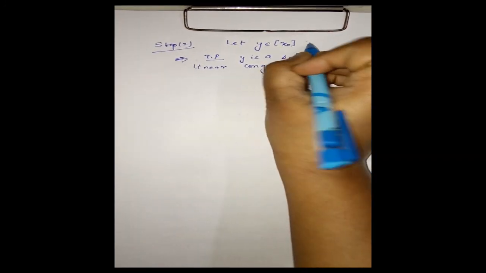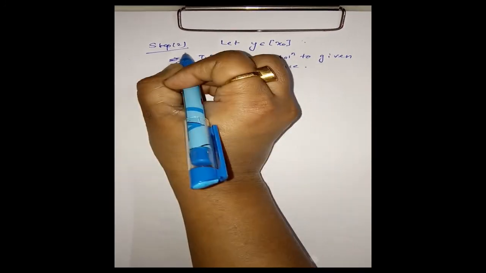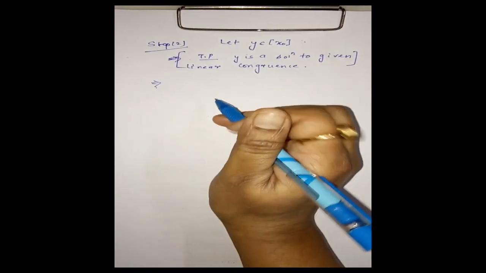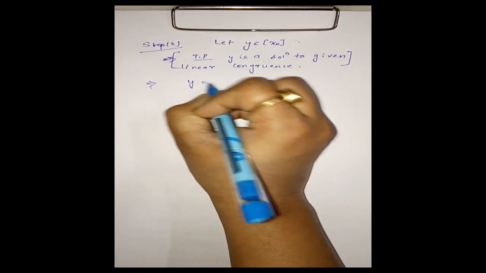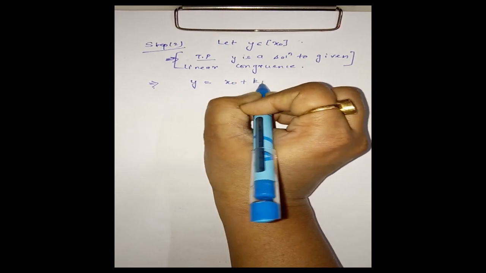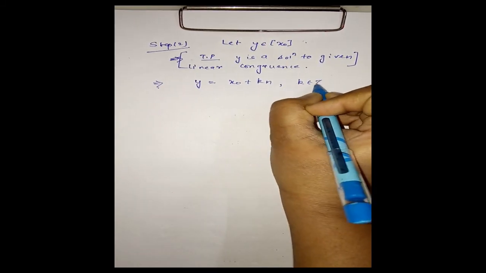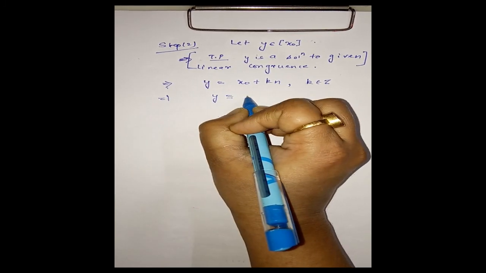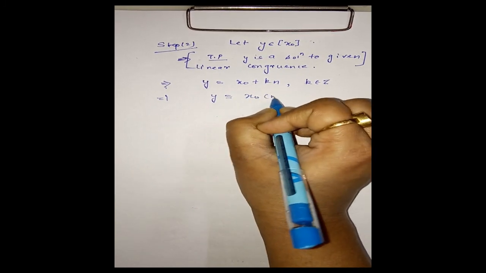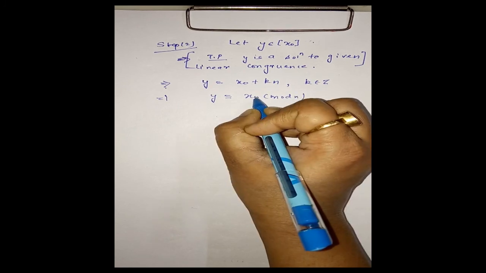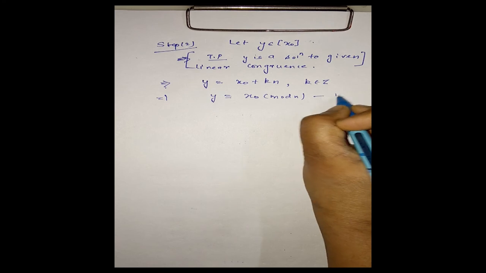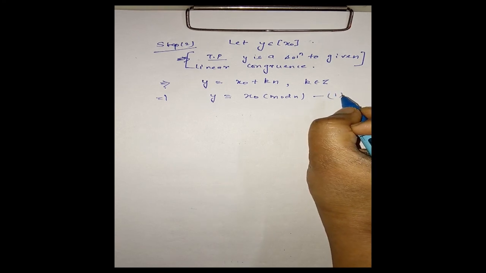Now, y belongs to the class of x naught implies what? This is to prove. Now y belongs to this class implies y is equal to x naught plus k into n for some integer k. That means y is congruent to x naught modulo n.